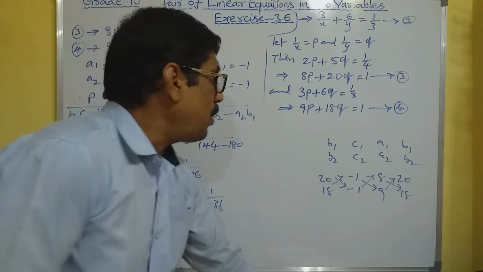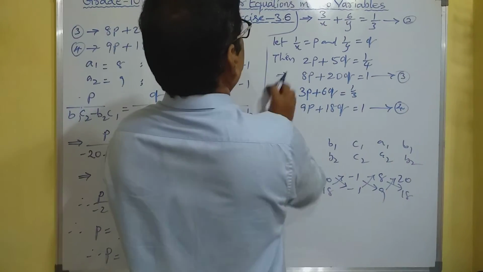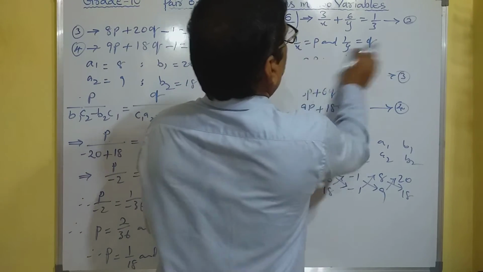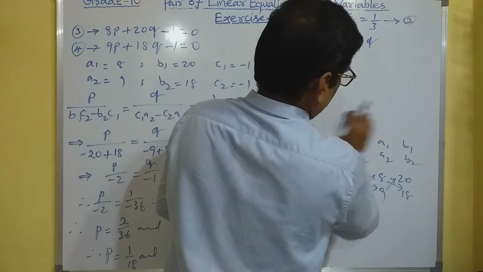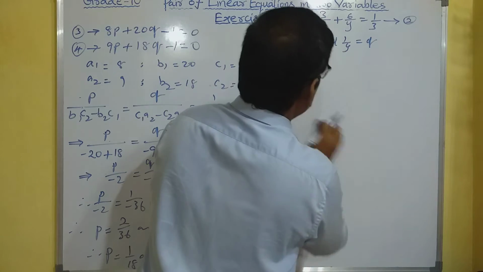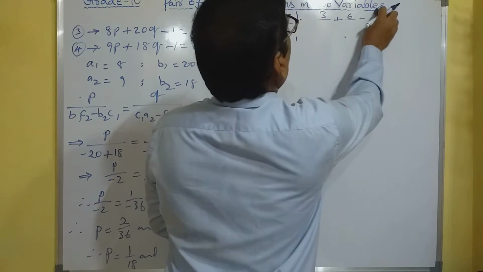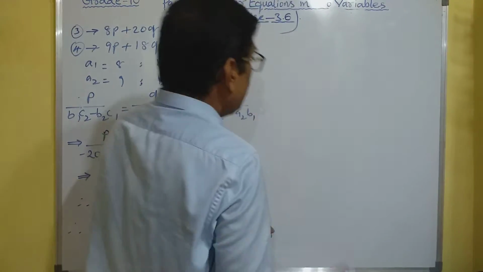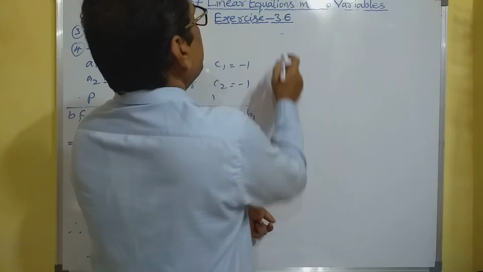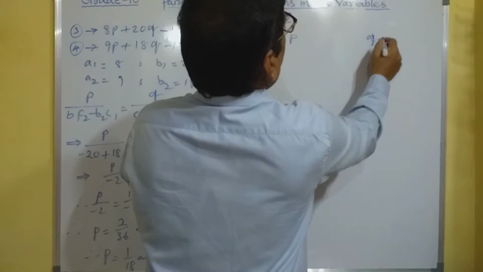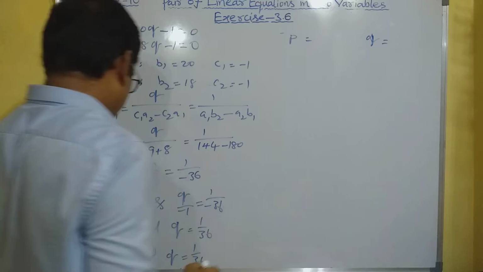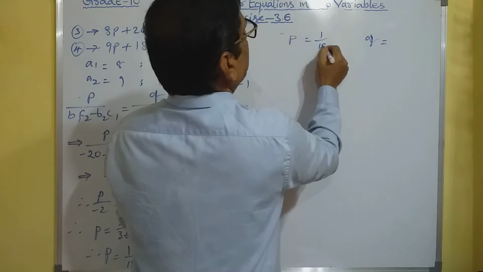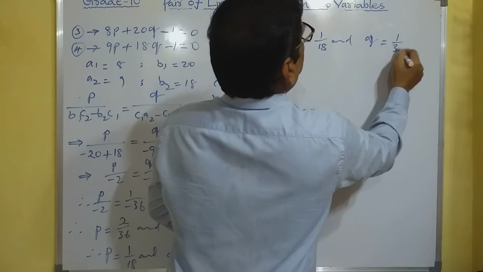Okay. Now we have to find the values of x and y. Now look at this. At the beginning of the problem, we have taken p and q as 1 by x and 1 by y. Actually, we get the p value 1 by 18 and q value 1 by 36.